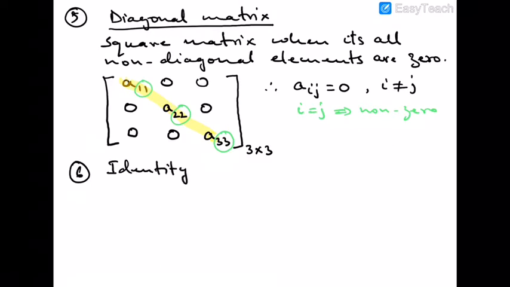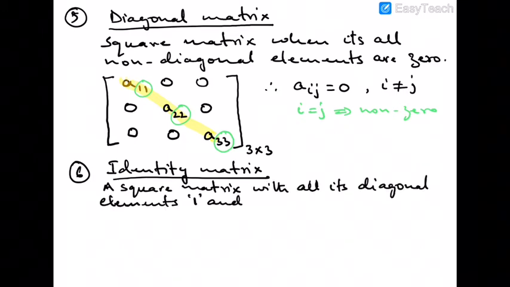Now the identity matrix. An identity matrix is a square matrix with all diagonal entries equal to 1 and non-diagonal entries 0.